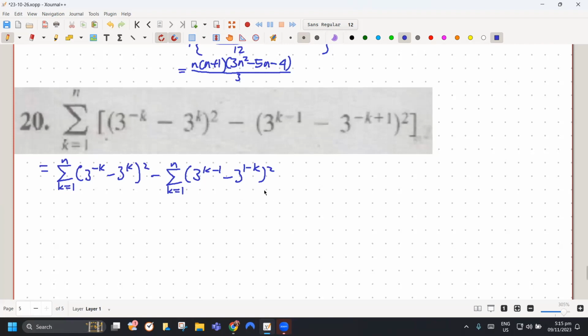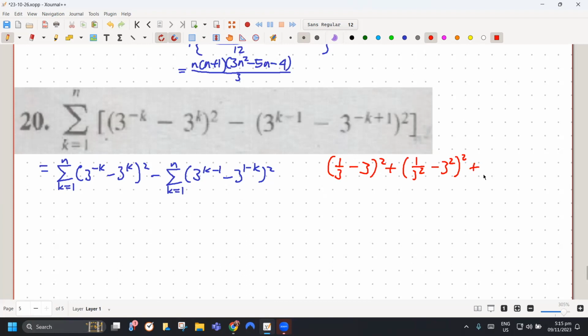Sige, sulat mo kaya yung first few terms, para makita mo yung nangyayari. Kasi kung hindi mo makita, might help. Plus, so yung first sum, yung first few terms nun. Plus, plus.